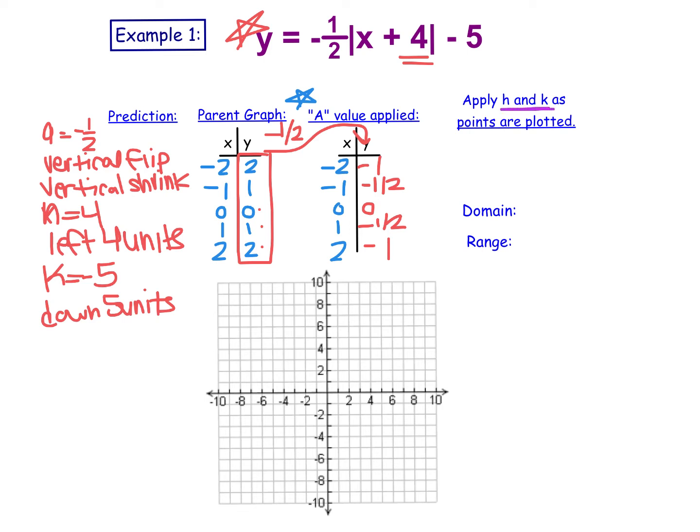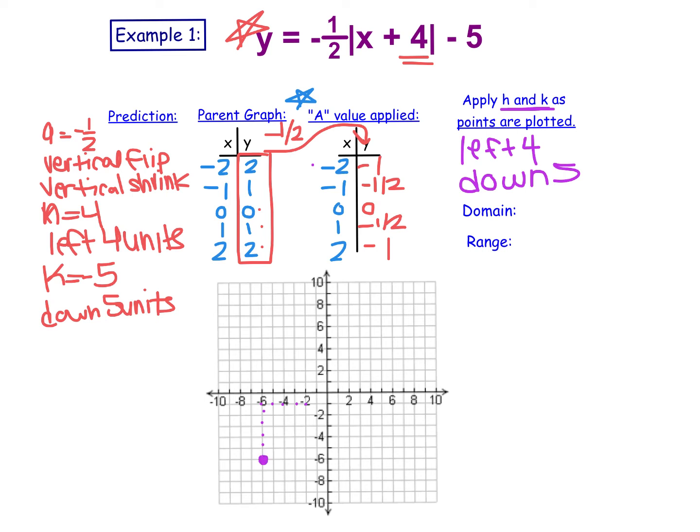So remember, we're going to move in the h direction, so horizontal. We're going to move left 4, and then for our vertical movement, we're moving down 5. So I'm first going to go to x is negative 2, y is negative 1. And I'm going to move to the left 1, 2, 3, 4, and down 1, 2, 3, 4, 5.